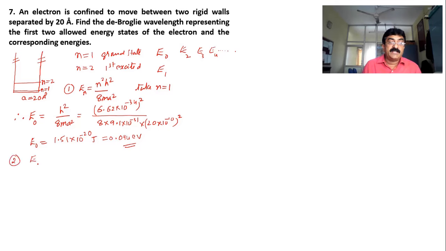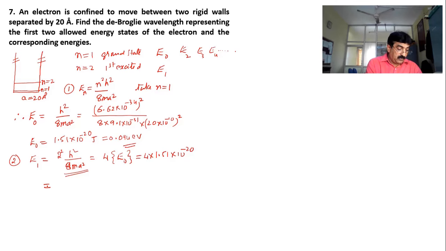You know, second state is E1, that is n square is 2 square h square by 8 ma square, sorry not 4, 8 ma square. See, this is nothing but 2 square, that is 4 into E naught. That whole thing, this whole thing is E naught. So that is 4 into 1.51 into 10 to the power of minus 20. So substitute and simplify.